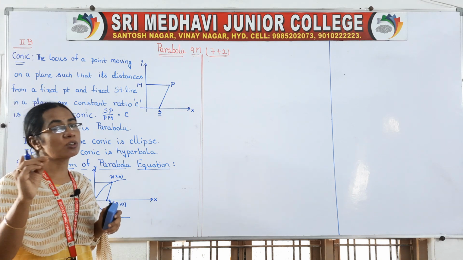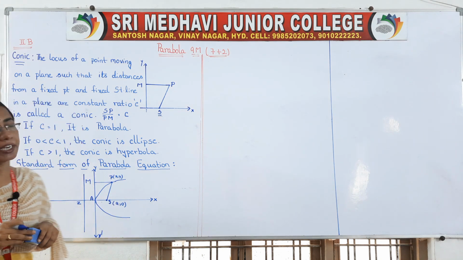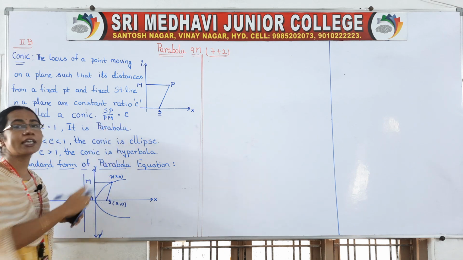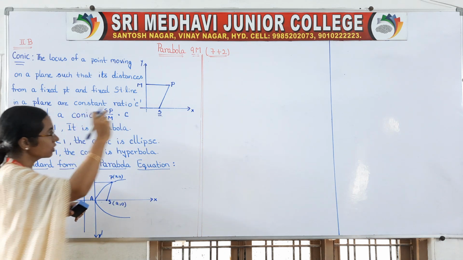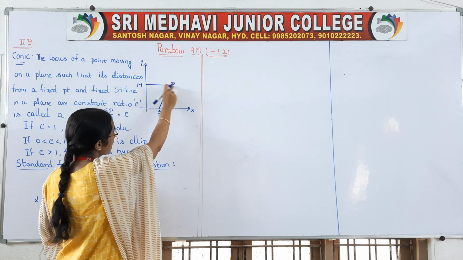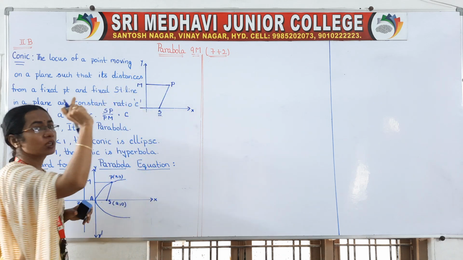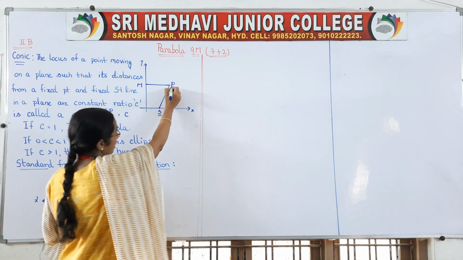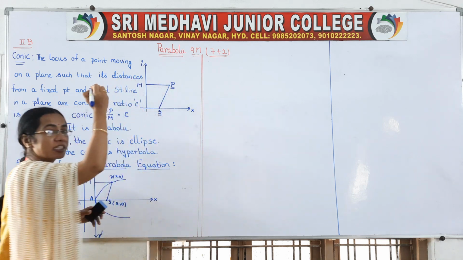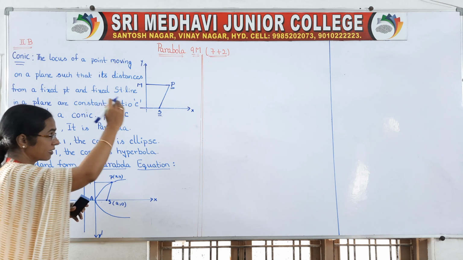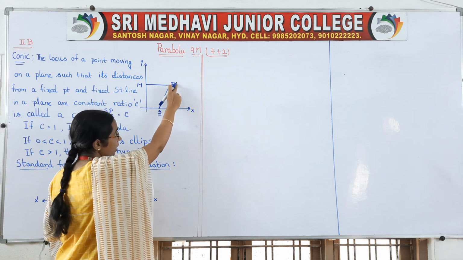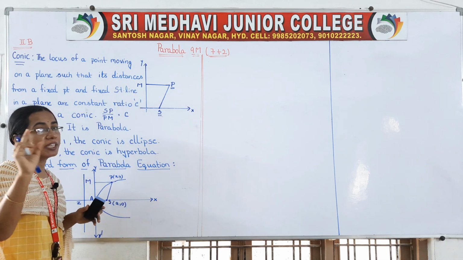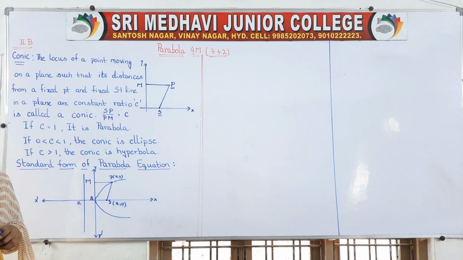If E is equal to 1, it is a parabola. This E is called eccentricity. So SP by PM always maintains a constant value. The distance of P from S and the distance of P from M maintain a constant ratio.